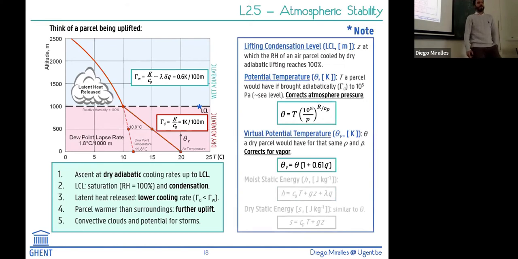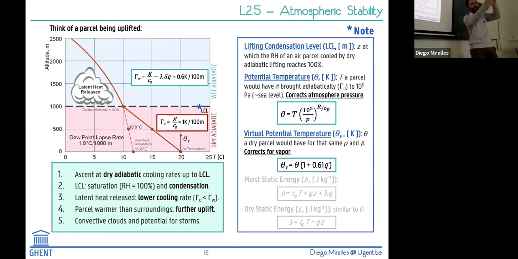And now we turn to something that is super important for you to understand, and I hope that I do a decent job at explaining, which is the concept of potential temperature. Now, potential temperature is the temperature that the air at any height in the atmosphere would have if you were to bring that air down to the land surface through the dry adiabatic lapse rate.